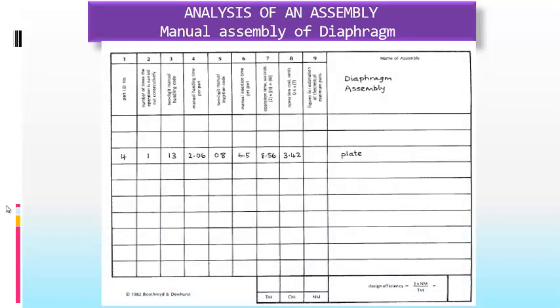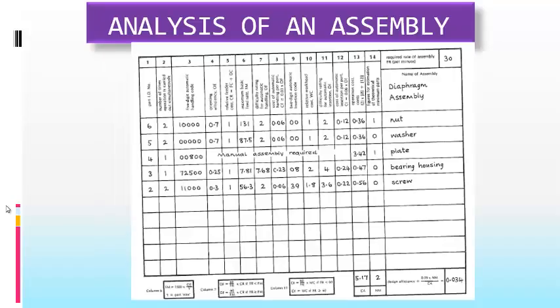The plate cannot be assembled. If you look at this, he said the plate should be assembled manually. If you look at this slide, part number 4, the plate, cannot be assembled with the machine, so it should be assembled manually, and this actually is a problem in the design.